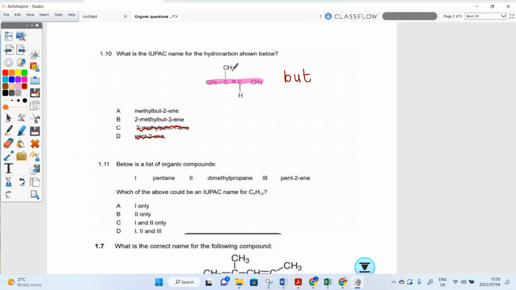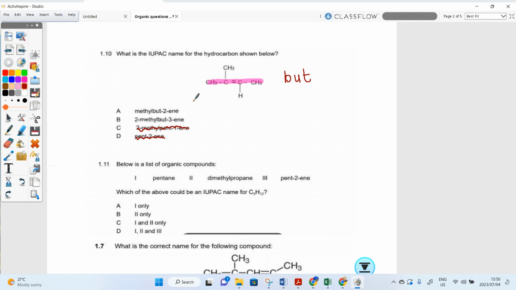So you can see we already sorted that out by looking at where the double bond is. The double bond is after the second carbon. So it's 2-ene. Wait, no, it can't be, because the methyl has to be on 2. The methyl is on 2, so it's 2 methyl but-. 1, 2. No, but then the double bond, there's no answer.